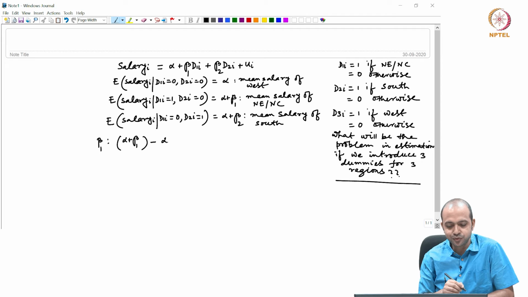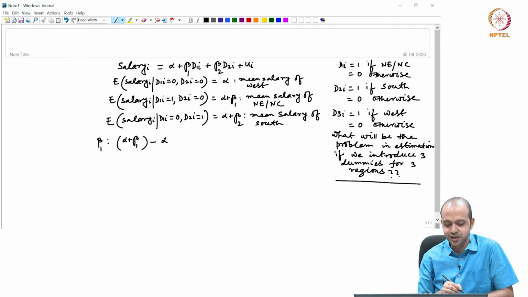Depending on the sign and significance of beta 1, that means if beta 1 is positive and significant, then what we will say? We will say that mean salary of northeast or north central is significantly higher than that of western region. If beta 1 is negative and significant, then we will say that mean salary of northeast or north central region is significantly lower than the western region, and if beta 1 is insignificant, then we will say that there is no significant difference between mean salary of northeast or north central and west.